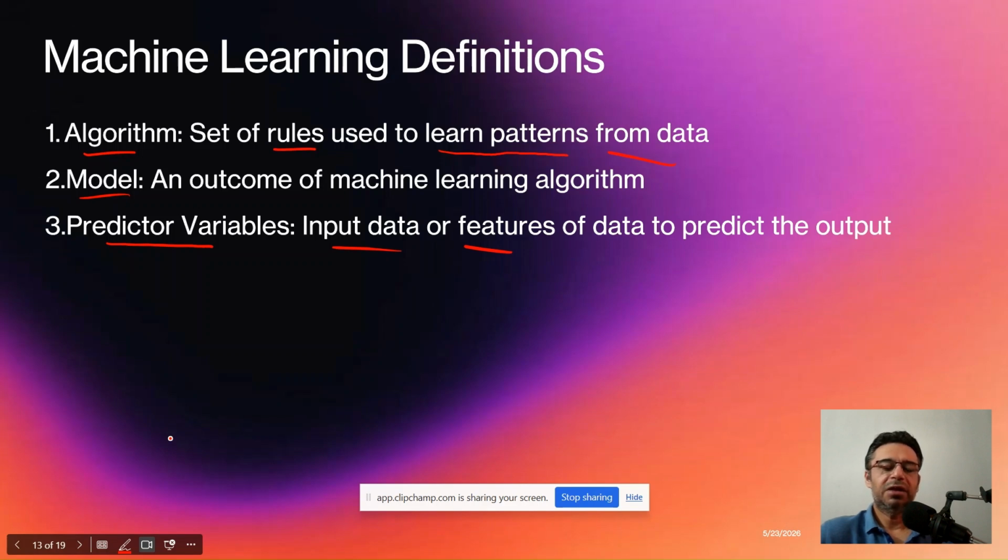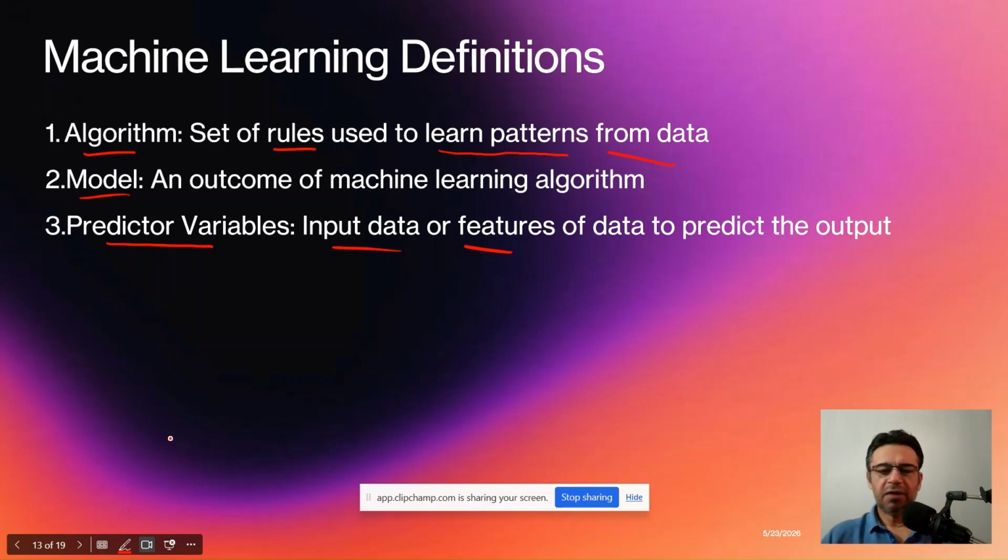For example, you need the humidity level, the wind direction, and maybe some historical data. Those are five or six important things that you need in order to predict the rain for the coming week. Those will be the predictor variables.